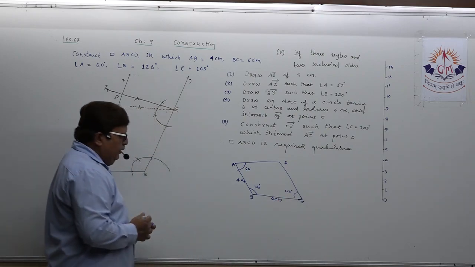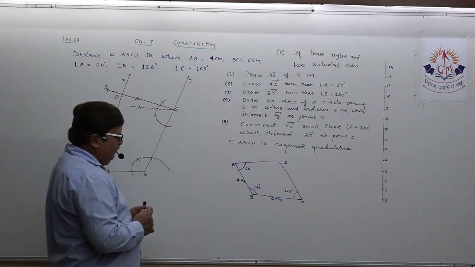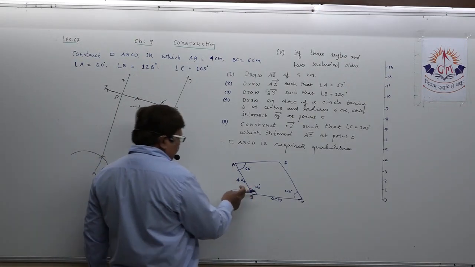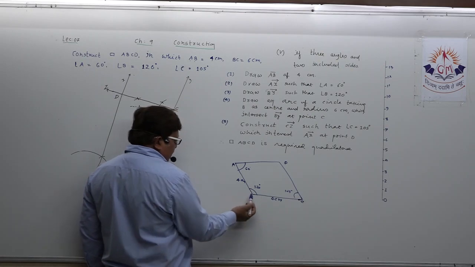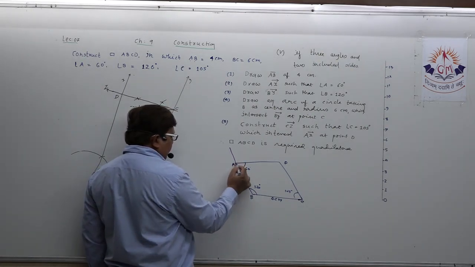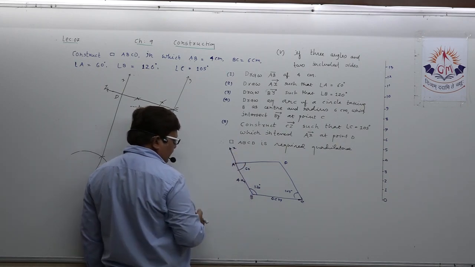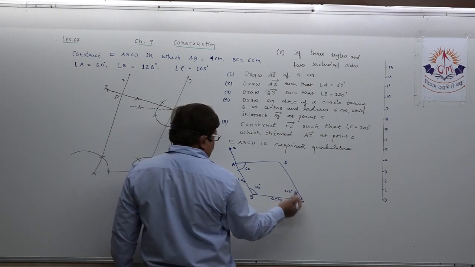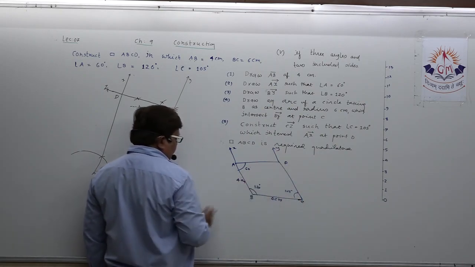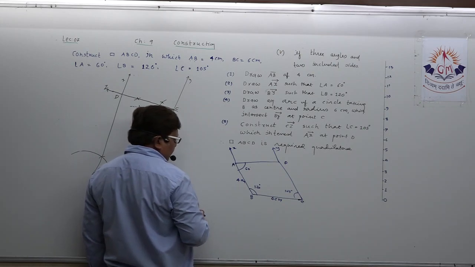Then, dear student, there is a little variation in your steps. First you construct BC of 6 centimeter. Then here you draw one ray BX to realize angle B as 120 degree. Then here a ray CY to realize angle 105 degree.